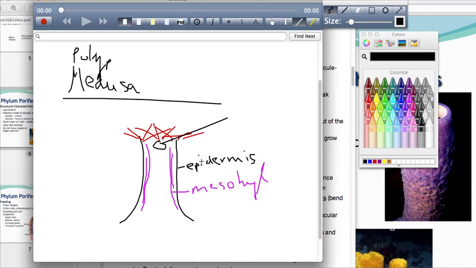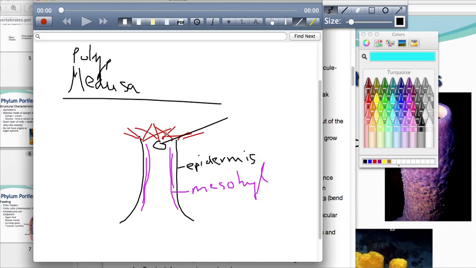Nematocysts are used for capturing prey and for defense. So, nematocysts, they're stinging cells. They inject poison into the prey. They paralyze them. When you get stung by a jellyfish, which we're going to see in a second, it's because of the nematocysts that, and I'll try to draw them, kind of line the tentacles.